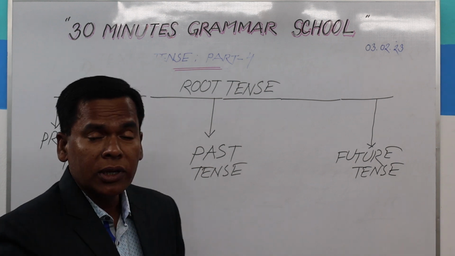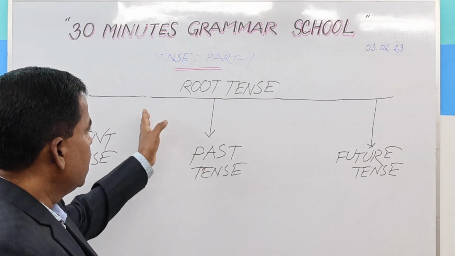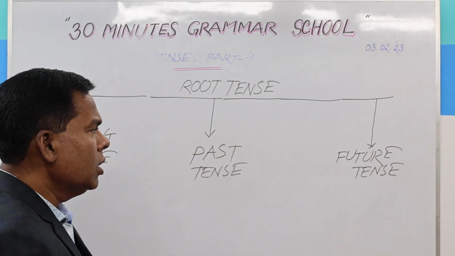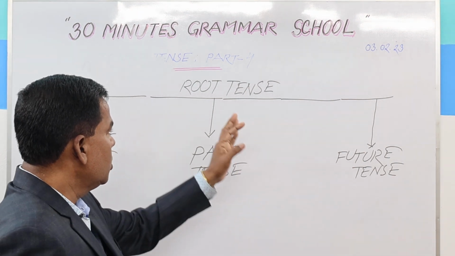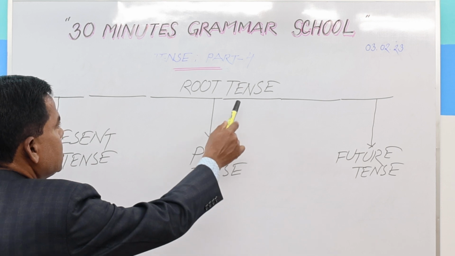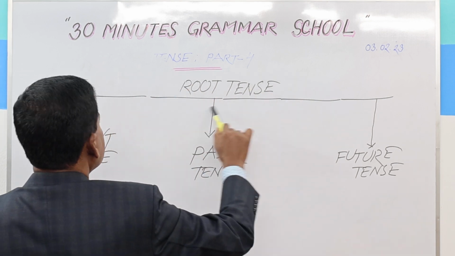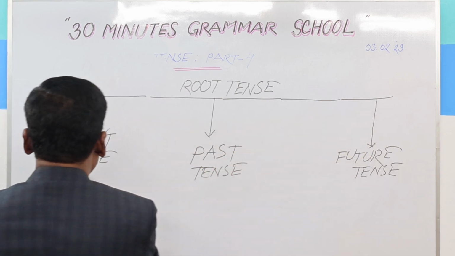So, dear learners and audiences, look here. I have shown a diagram. In the diagram, we are finding the root tense, and we have already gathered the idea of root tense. We know that root tenses are of three kinds: present, past, and future. Root tense is the parent. Here there are three branches: present, past, and future.